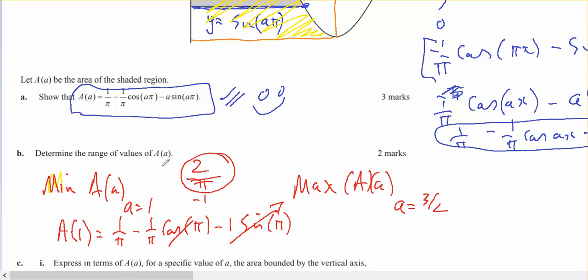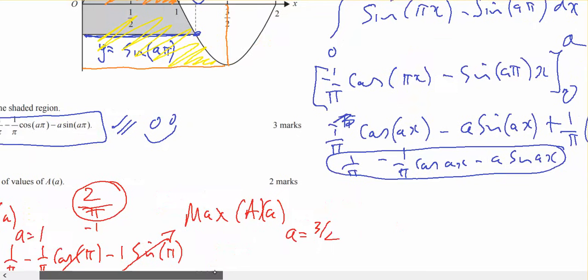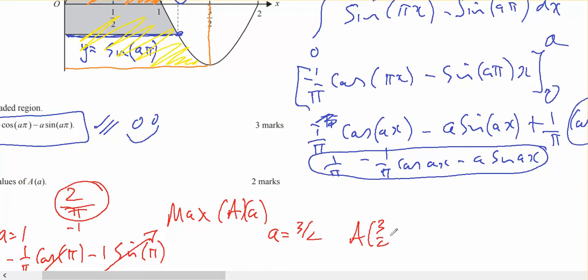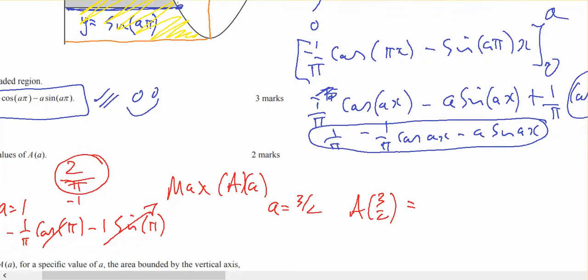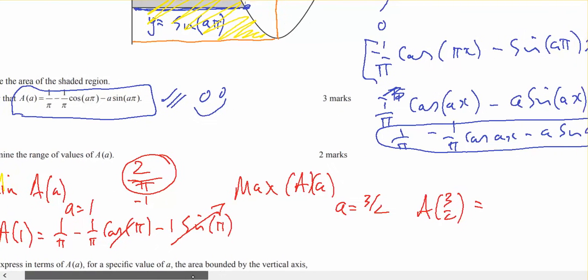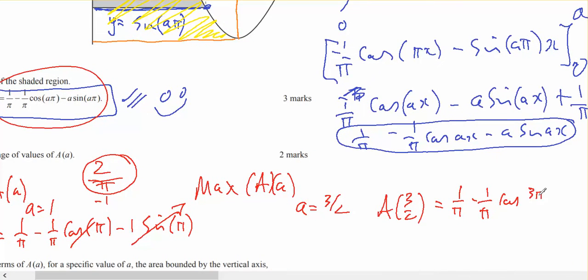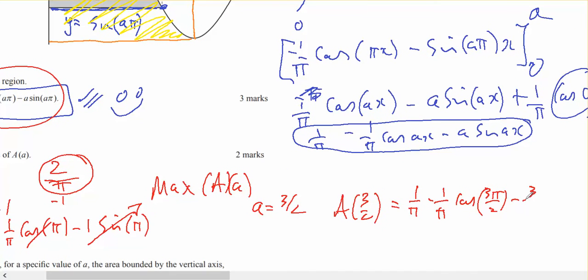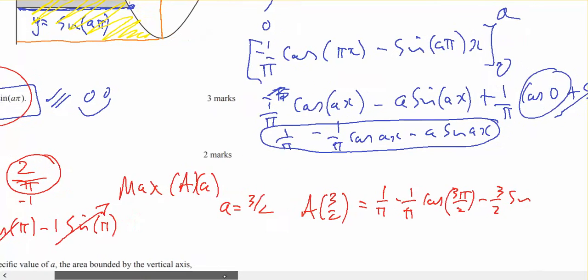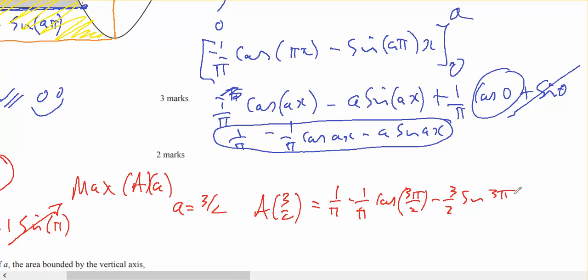And the largest value is when a equals 3 on 2, and A of 3 on 2 will equal 1 on pi minus 1 on pi cos of 3 pi on 2 minus 3 on 2 sine of 3 pi on 2.